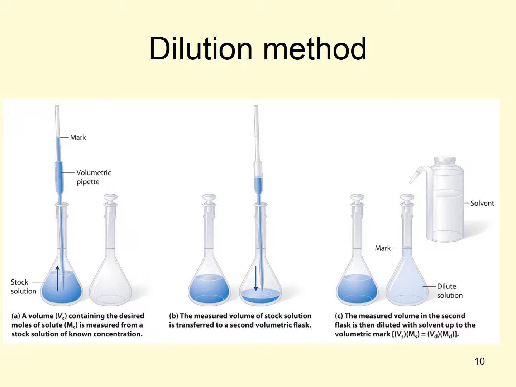That pipette has a very particular amount, say 10 milliliters or whatever. Then we put it in our second bottle. So we're taking our small volume of our concentrated solution, so that's MiVi, and then we're putting it into another container, and then we're adding water to the mark, which gives us our final volume and our final concentration, which is more dilute.